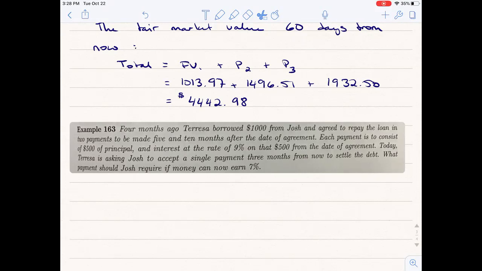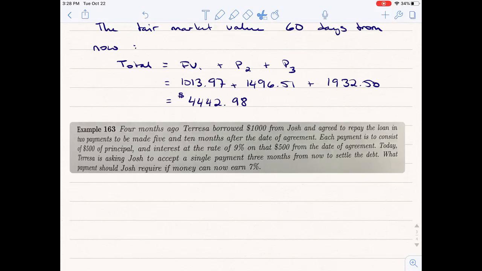Each payment is to consist of $500 of principal and interest at a rate of 9% on that $500 from the date of the agreement. Today, Teresa is asking Josh to accept a single payment 3 months from now to settle the debt. What payment should Josh require if money can now earn 7%?